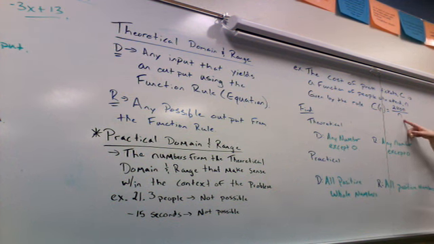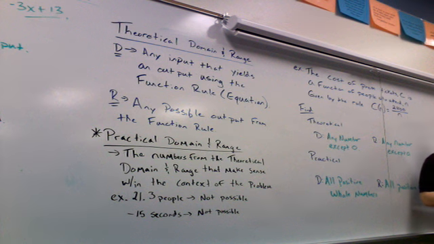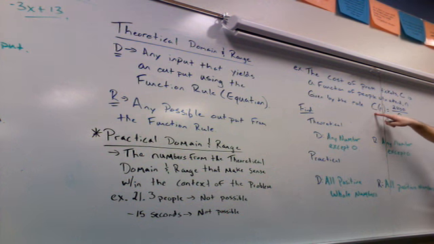So all of our possible inputs is our domain. How do you figure out an input and an output? Inputs are what we plug in for, so the independent variables. Outputs are dependent variables, or answers.